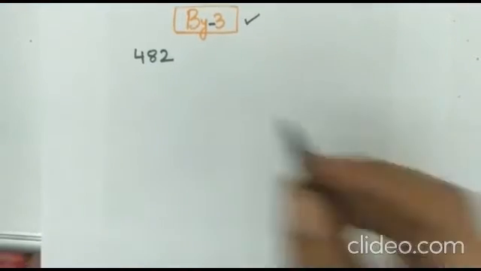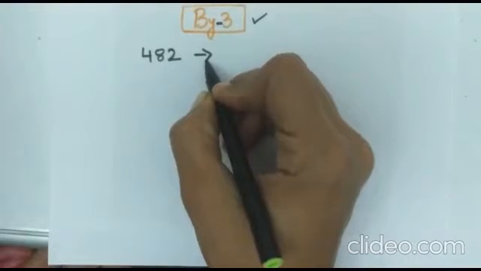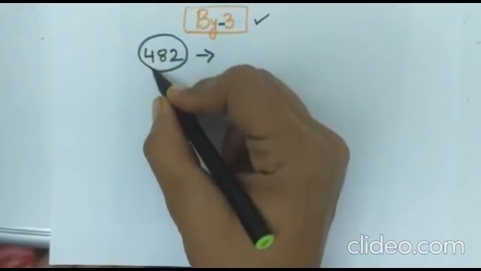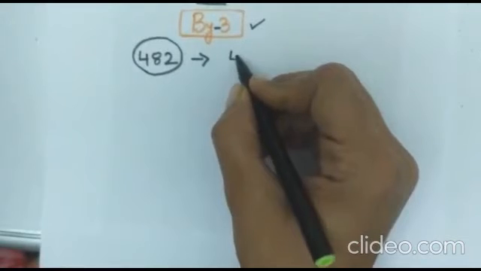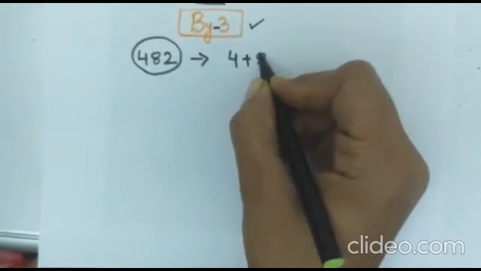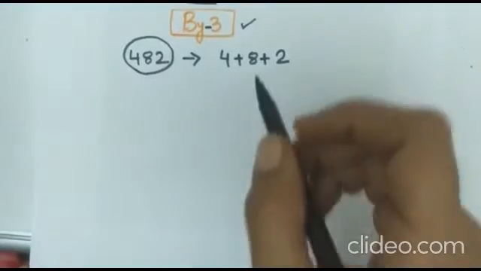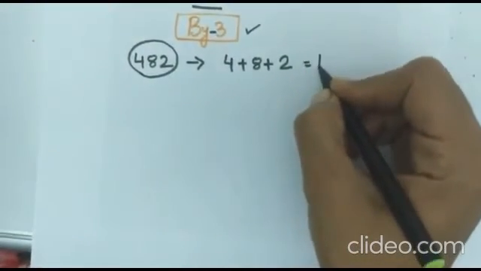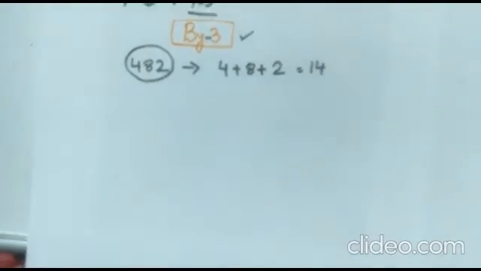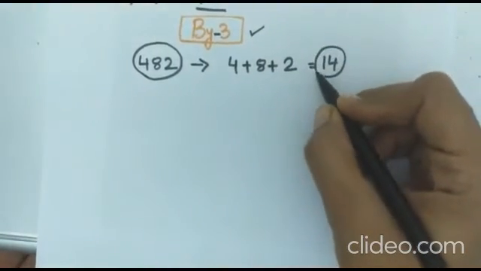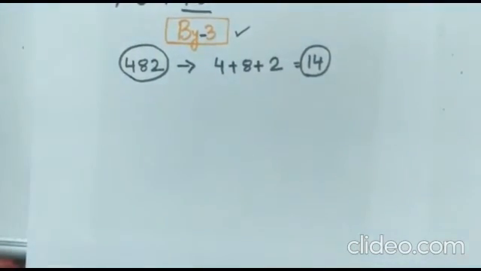So first of all, children, you will add all the digits of this number like this. 4 plus 8 plus 2. If you add this, you will get 14. Now 14, you have to check whether this number is divisible by 3 or not.